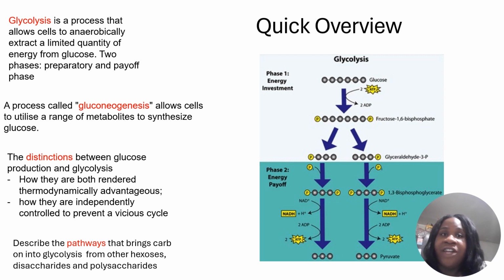Then you have the last, final step, which is phosphoenolpyruvate donating a high energy phosphate to ADP, which forms ATP and pyruvate, by pyruvate kinase.